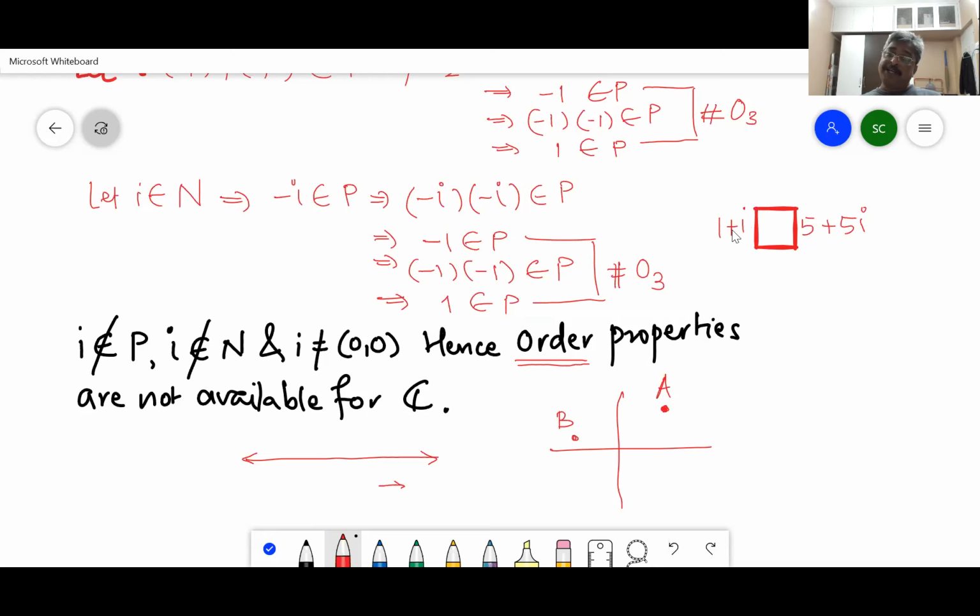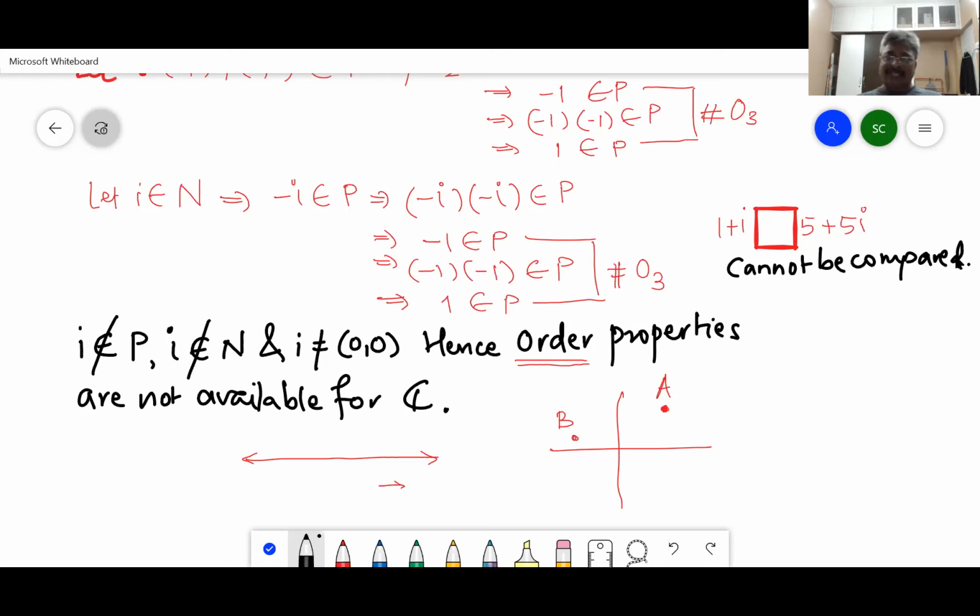5 plus 5i is 5 times this. What symbol will you put here? No symbol. Not equal to. You should say not equal to, and also you should say it cannot be compared. Complex numbers cannot be compared for greaterness. Yes, you can say not equal to, that is correct, because the real part is not equal to the real part and the imaginary part is not equal to the imaginary part.